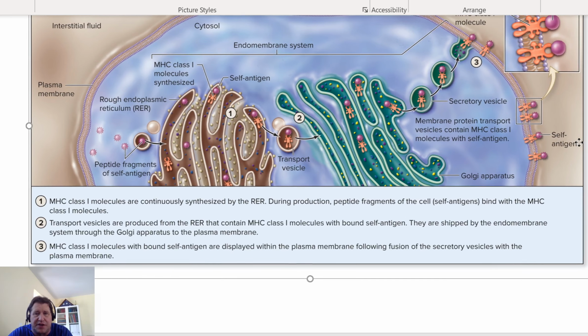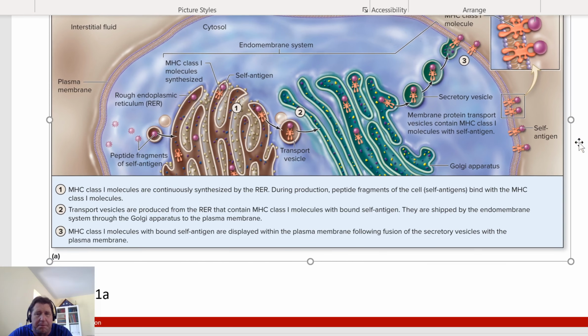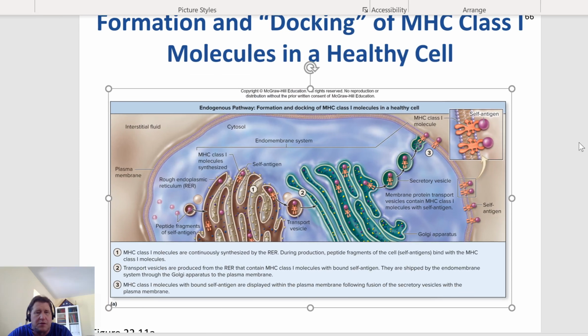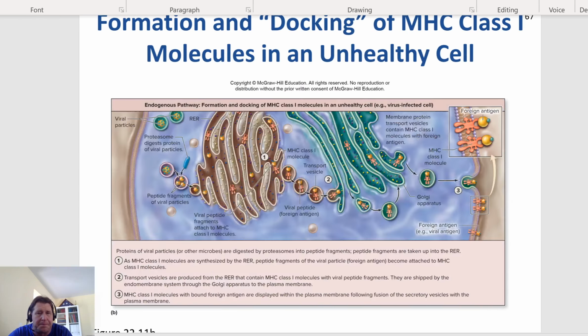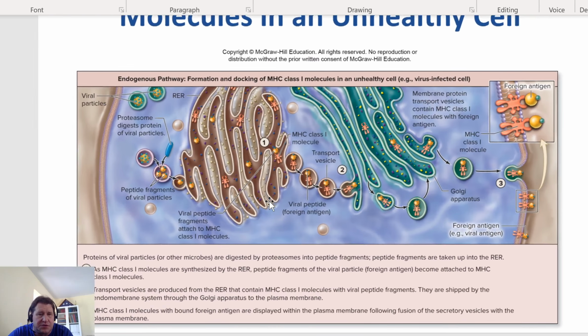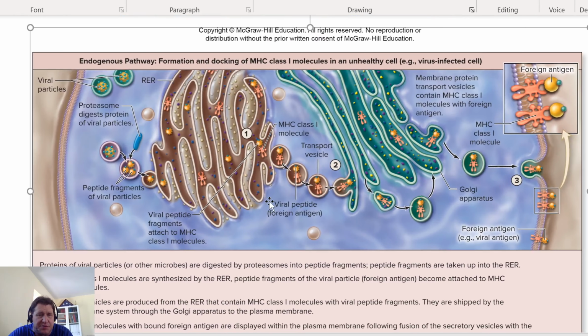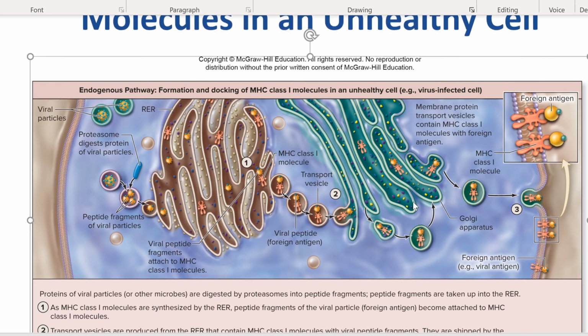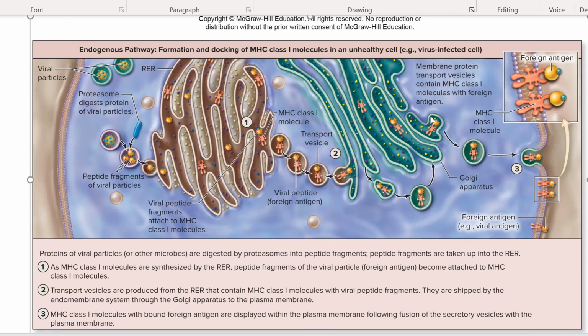You can see here self-antigen. Now an unhealthy cell. The MHC class 1 molecules are synthesized by the rough endoplasmic reticulum. Peptide fragments of the viral protein particle antigen become attached to the MHC. So this right here is a foreign antigen.